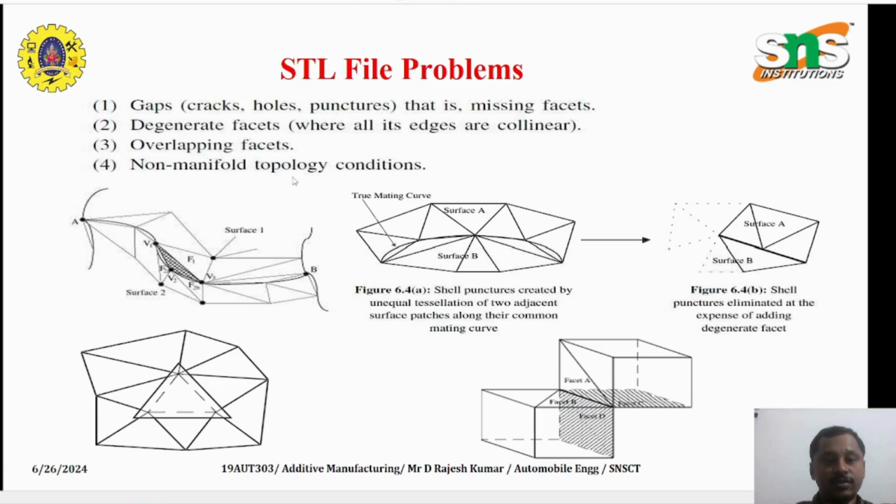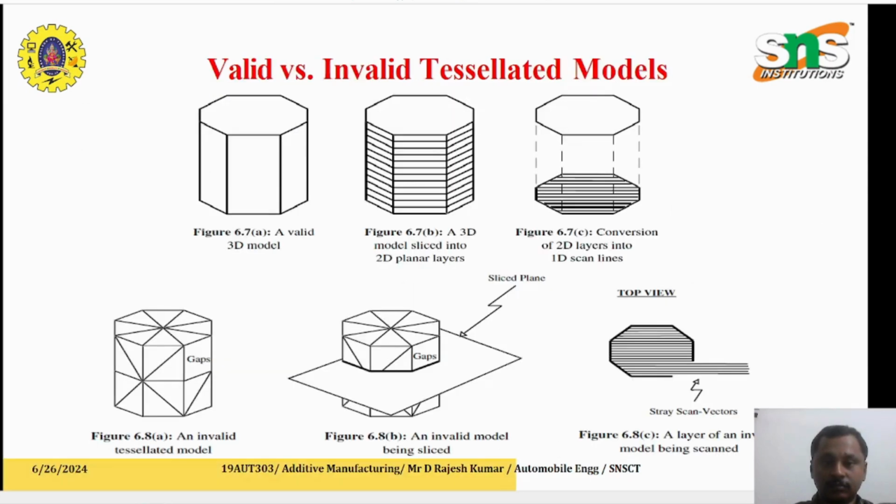That is a main issue. And the non-manifold topology condition also leads to a major issue in the file formats. So these are some of the slides indicating the issues or errors in STL file formats.